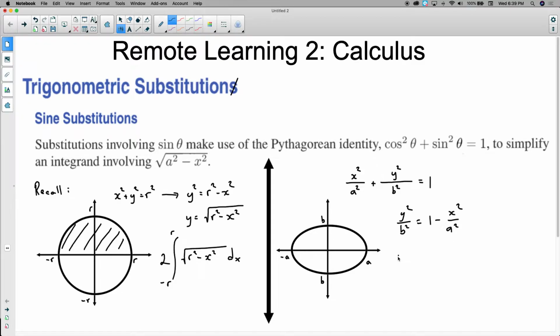And I guess we have to multiply everything by b squared. So here we go, b squared. This coefficient is getting kind of complicated. And finally, we would root it. And we would get b squared minus some other weird number, x squared.